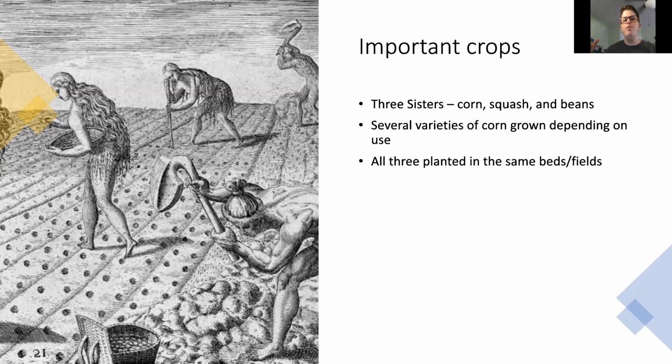It's just a different way of planting and farming. But European men could not understand this style of farming the way that the Southeastern Indians employed it, and it just to them looked like a hot mess. Because again, they didn't understand enough to realize how well it worked.